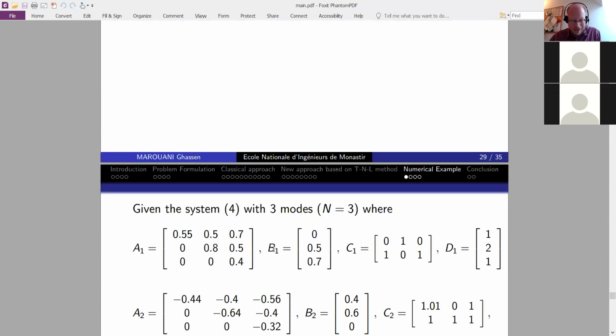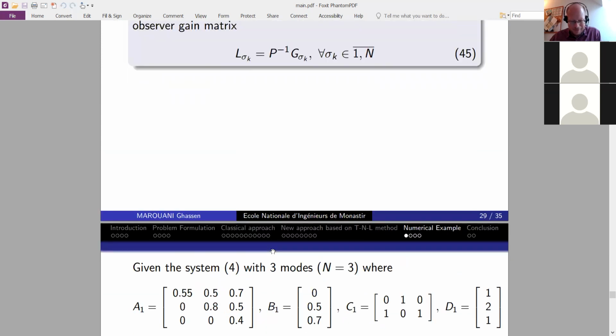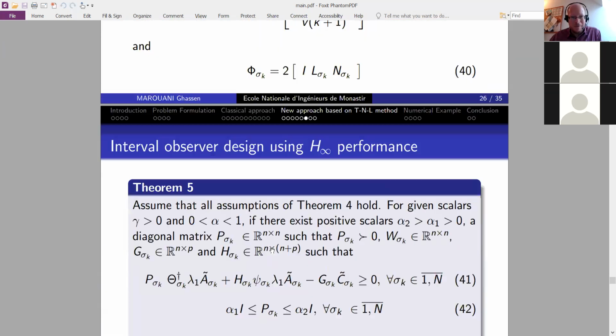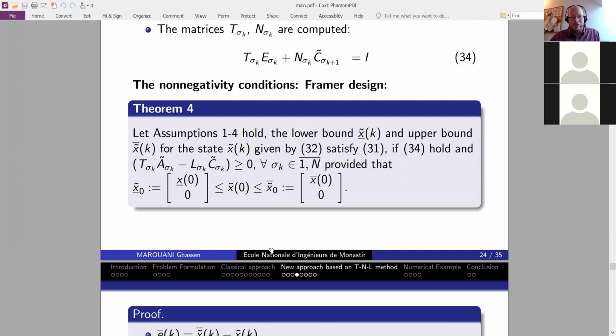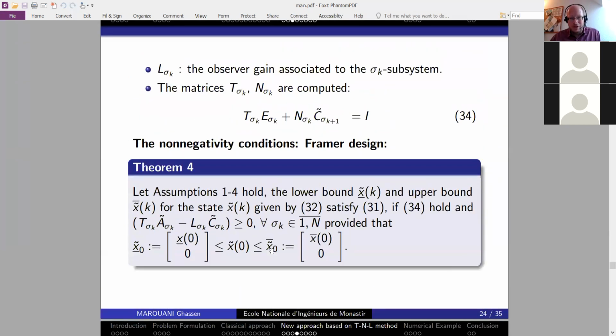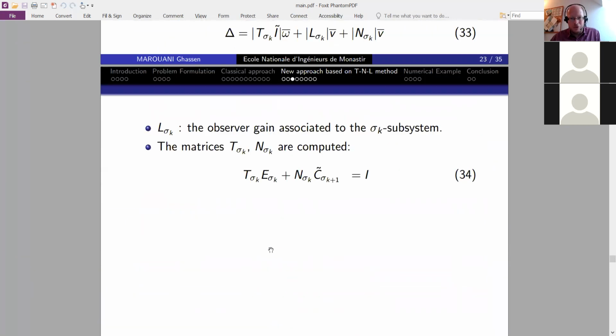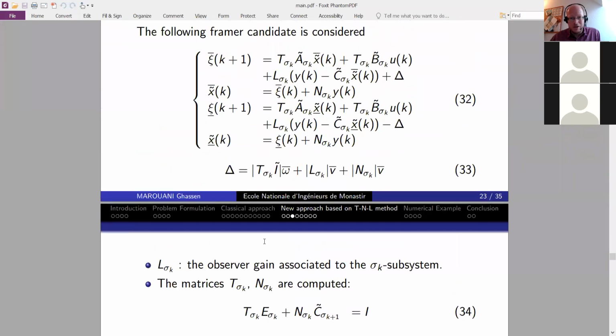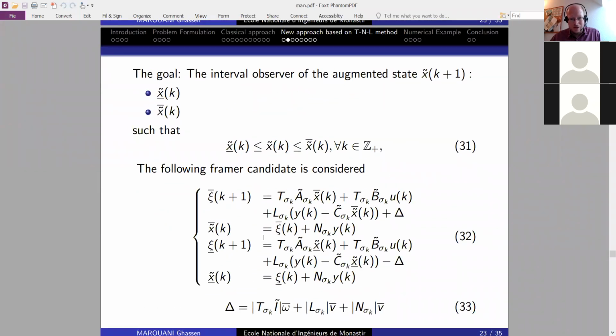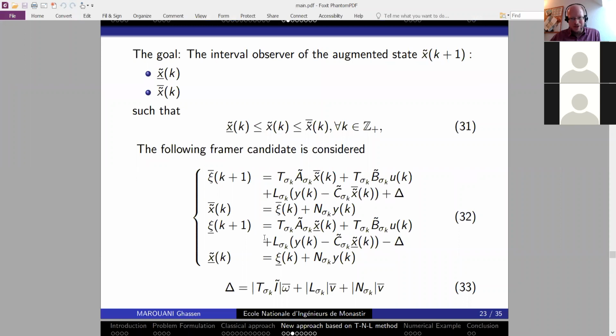If you go to slide 23, the way you augmented your state vector, maybe one slide in advance where you define the capital E matrix.